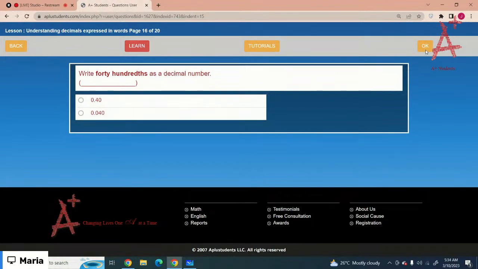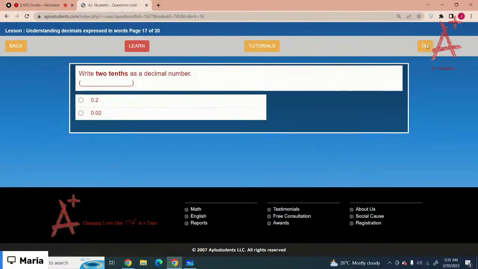So which is the correct option? It is 40 hundredths. That would be 0.40. Got it?